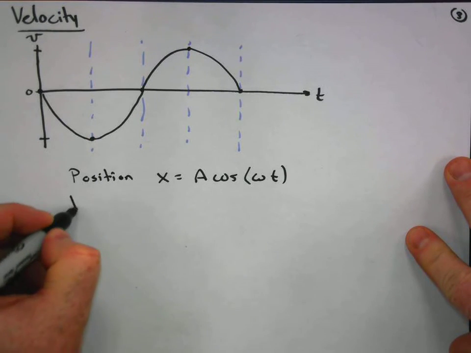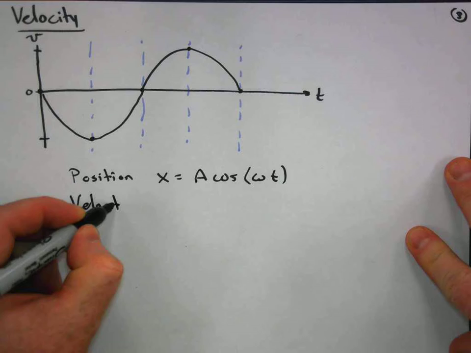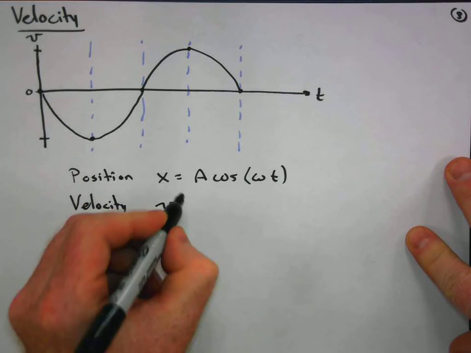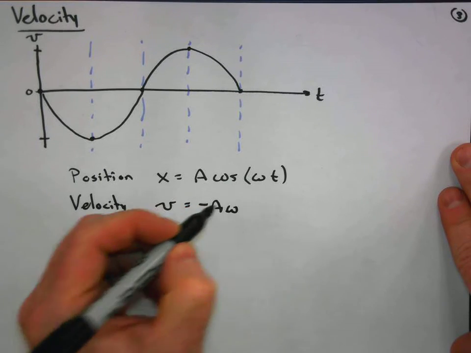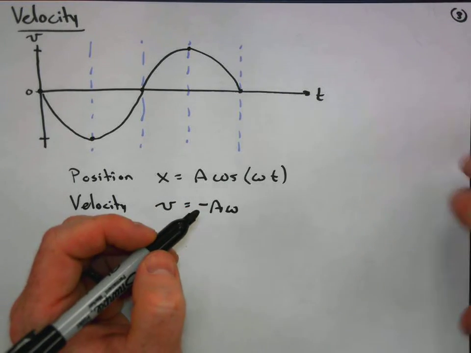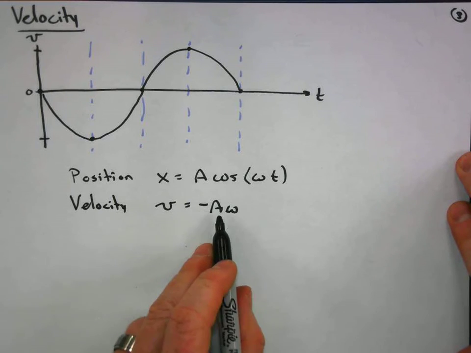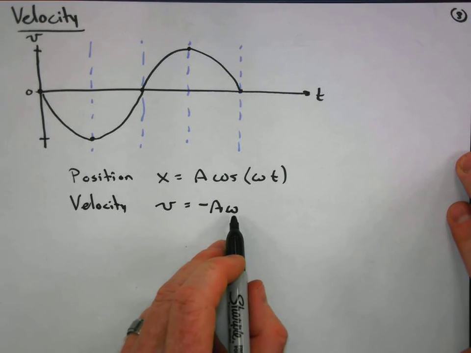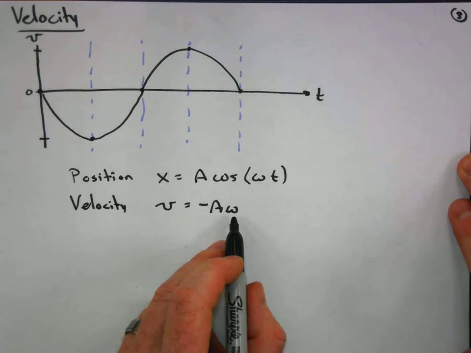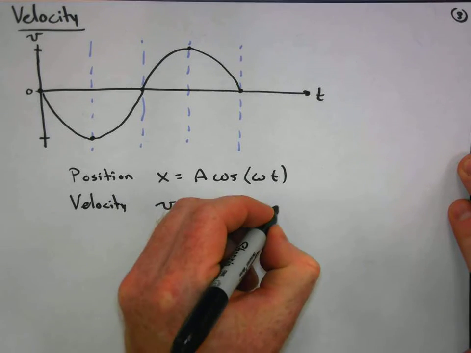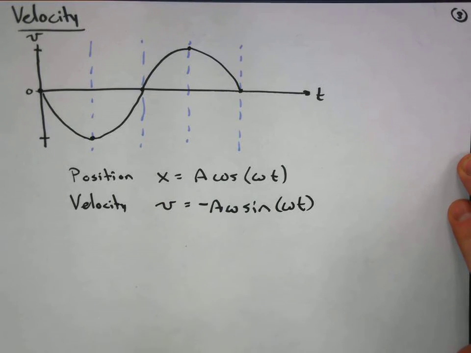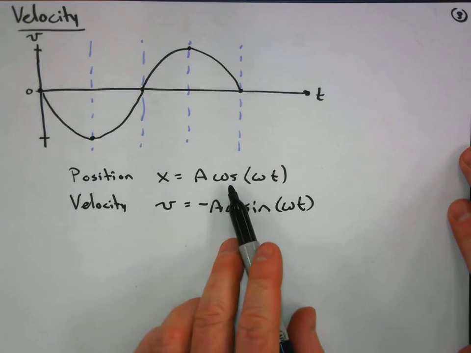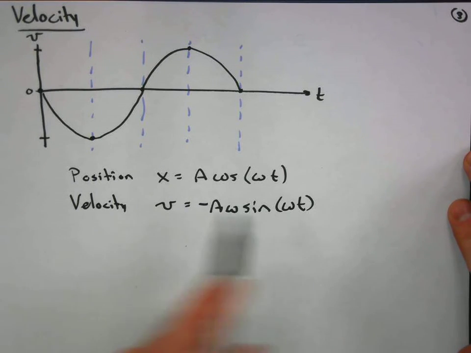Well, velocity now, how can we describe the velocity? It's going to be the negative of amplitude times angular frequency here times the sine of that. Okay, and if calculus isn't your thing, or if you're not there yet, don't worry about how we get from there to there. You just trust that this is what we have going on.